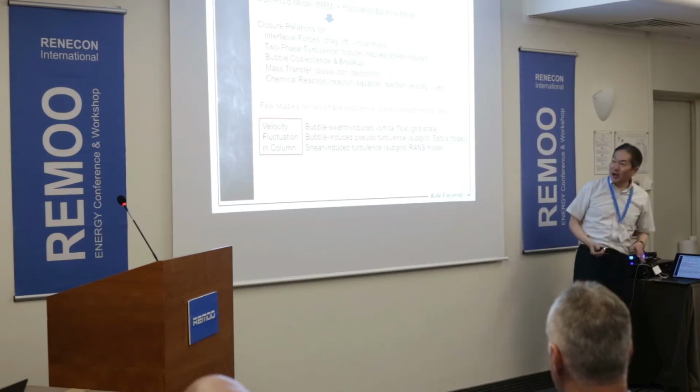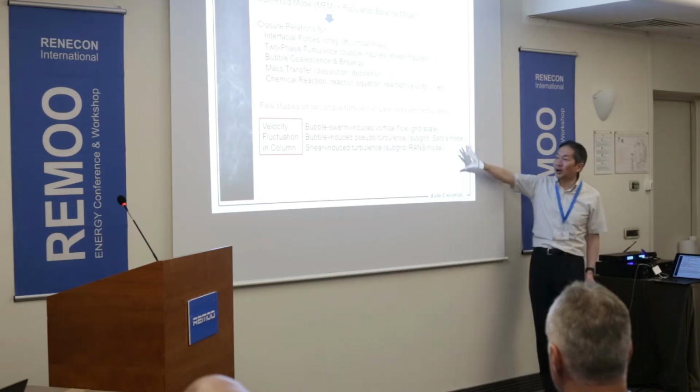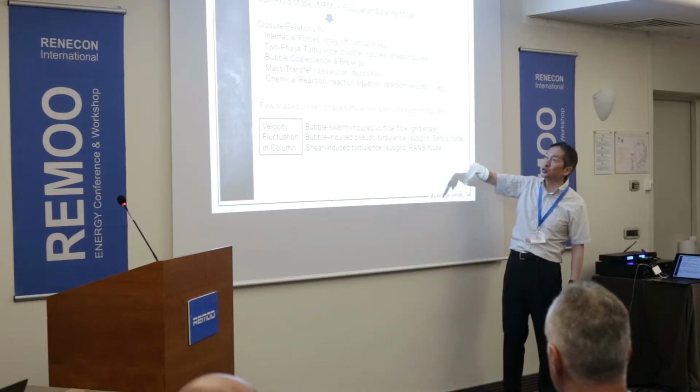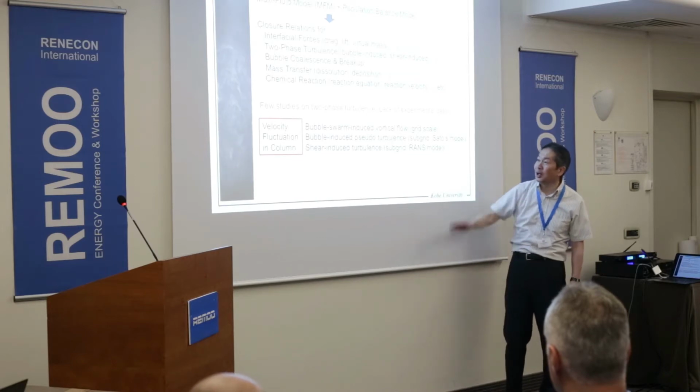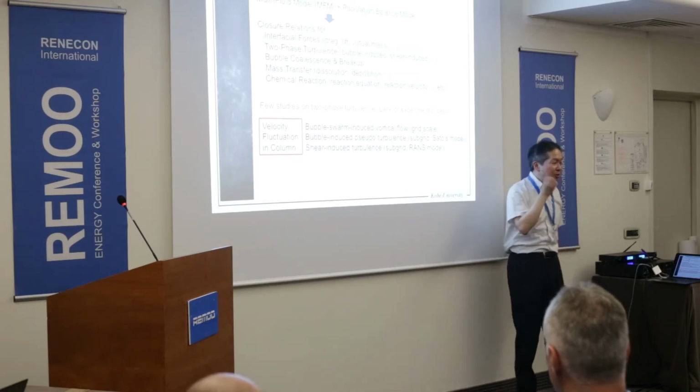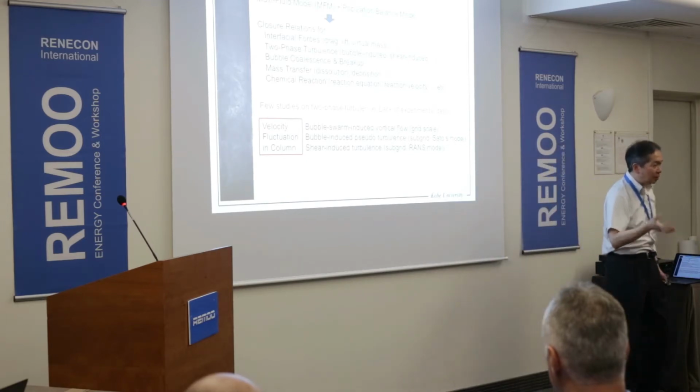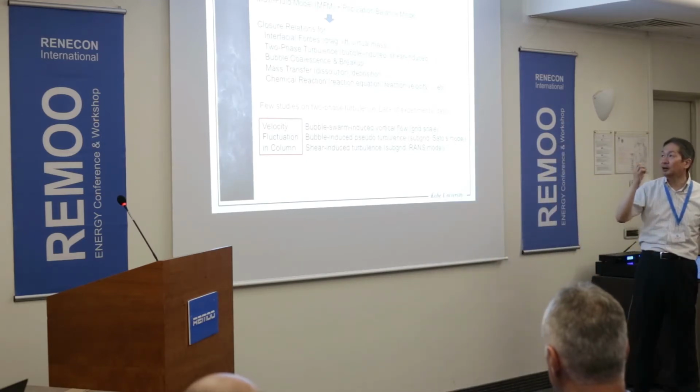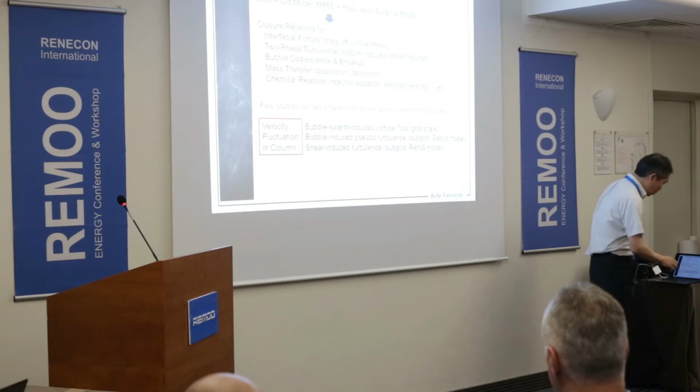Anyway, to check what kind of turbulence model we have to use to simulate this kind of flow in a bubble column, we need good experimental data of the velocity field and also the void fraction profile.